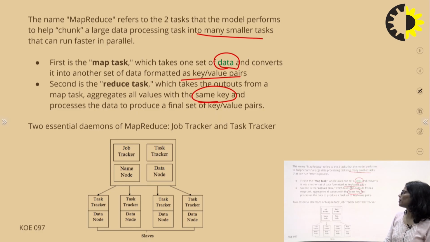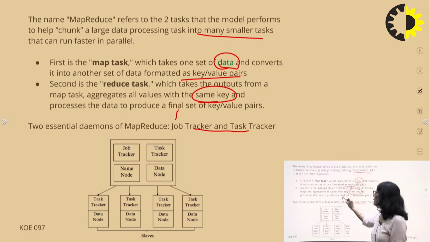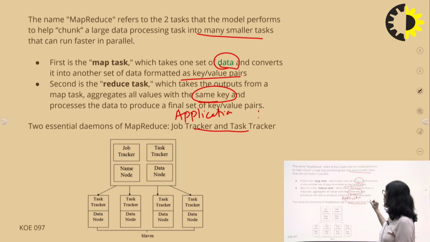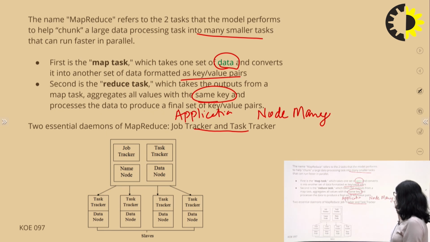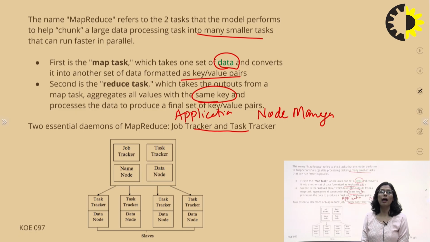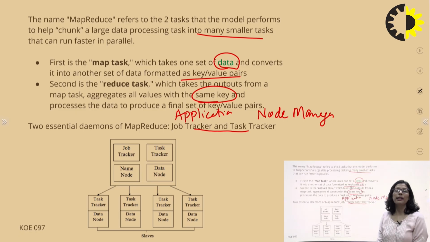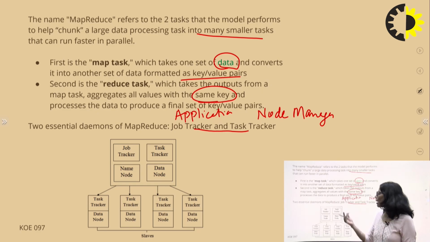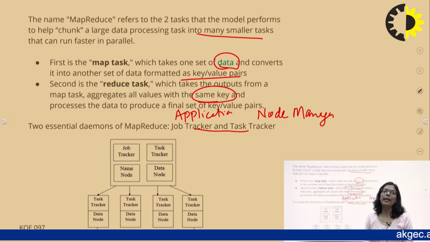Now, the two essential daemons are the job tracker and task tracker, or you can say the application manager and node manager. Their work is similar to that of the job tracker and task tracker, but this appeared in Hadoop 2.0. In Hadoop 1, we had the job tracker and task tracker. The job tracker, or application manager, is a master service.